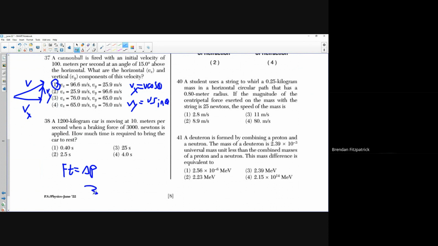So 3,000 T is equal to 1,200 times 10. So 4 seconds.